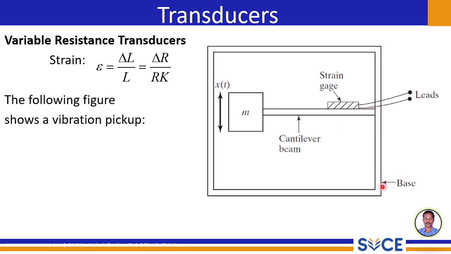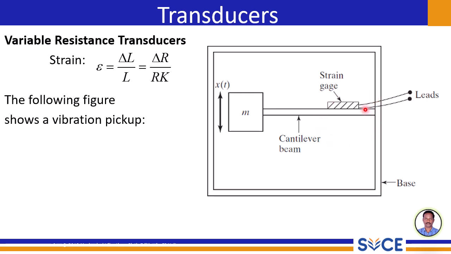When the base vibrates, the mass, due to its inertia, will tend to lag behind the motion of the base. This relative motion causes the cantilever beam to bend. As the cantilever beam bends, the strain gauge bonded to its surface will experience either tension or compression depending on the direction of bending. This strain, as we learned, will cause a change in the resistance of the strain gauge.